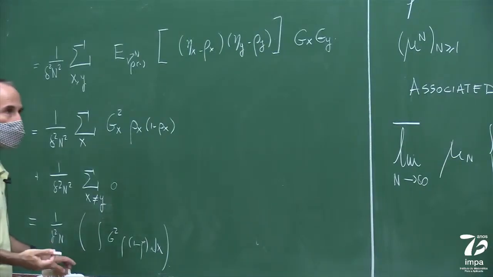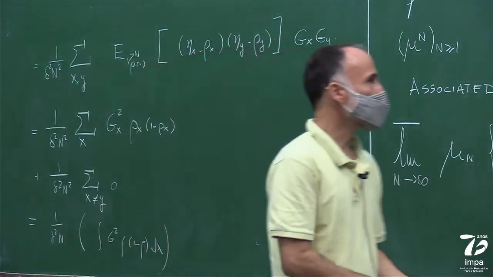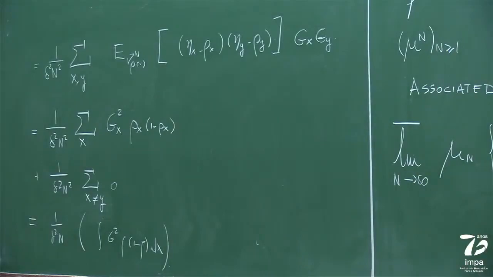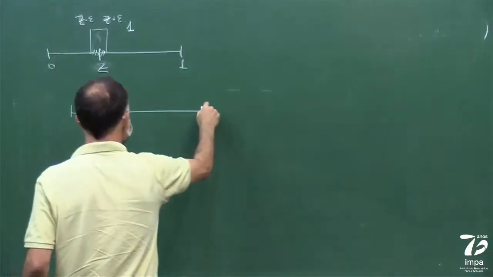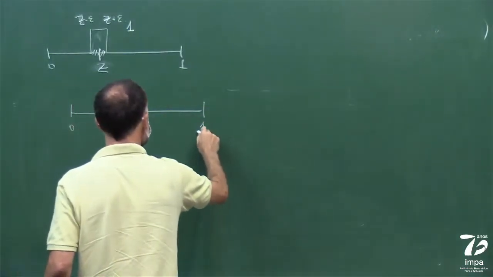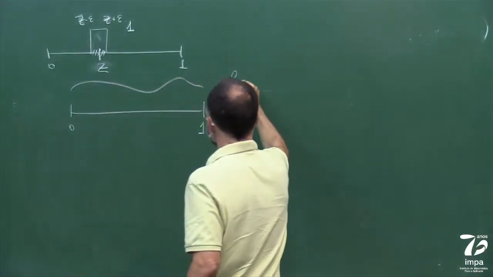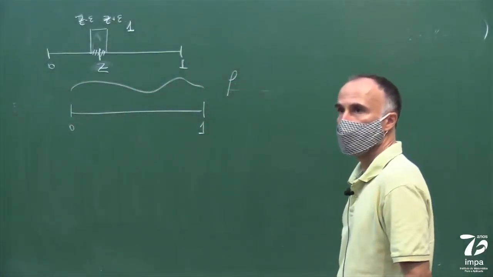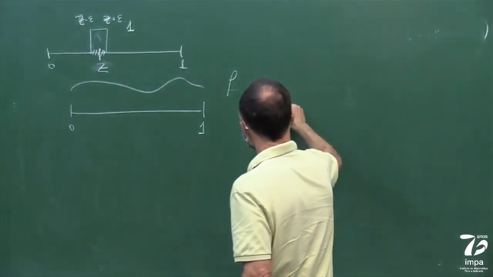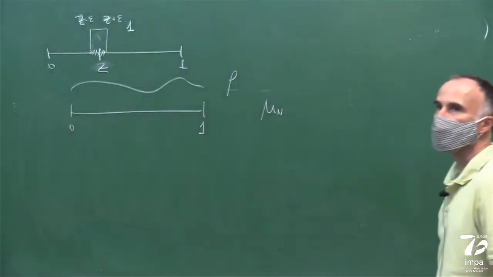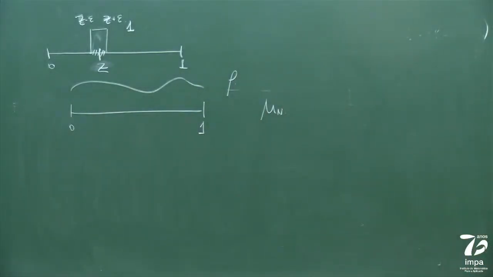And now I can state my problem. I will start with a measure which is associated to a profile ρ. So I'll start with a continuous profile ρ, and I will build a sequence of measures which is associated to this profile.